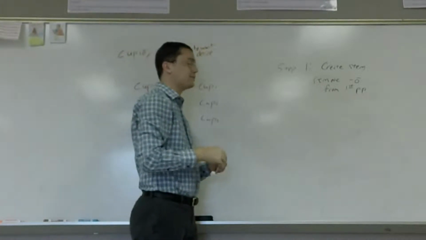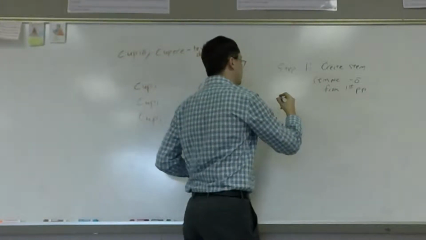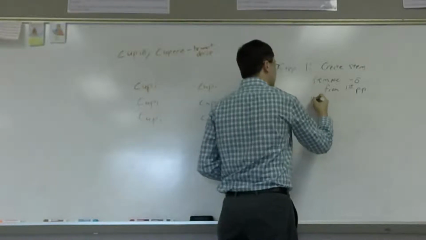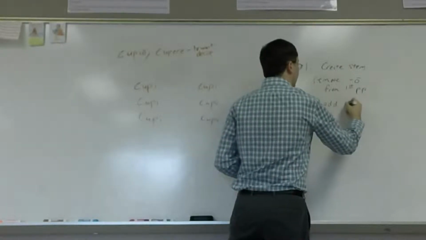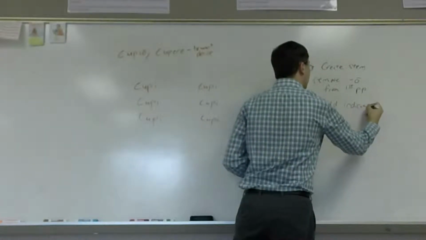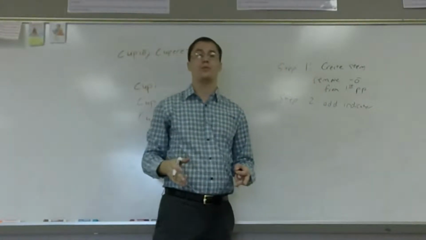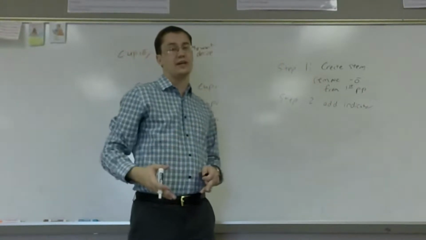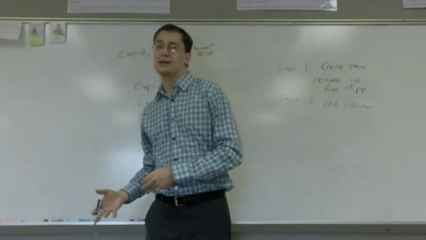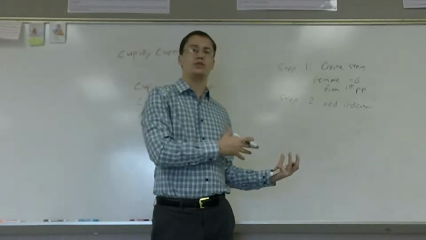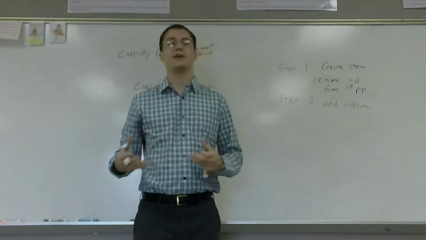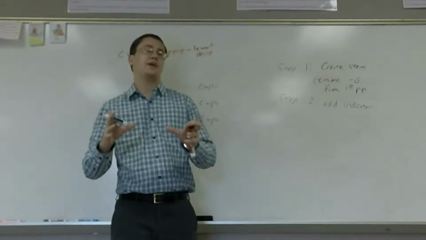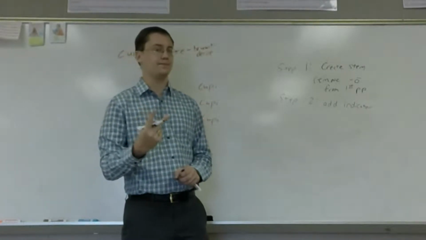So that's the first step for us. Our second step is going to seem a little familiar, and that's going to be adding the tense indicator. Now, what's going to change is that we're not using the same tense indicator that we used with the first and second conjugation. With first and second conjugation, the tense indicator was the letter B. Now it's not going to be the letter B. In fact, there's actually going to be two different things it can be.